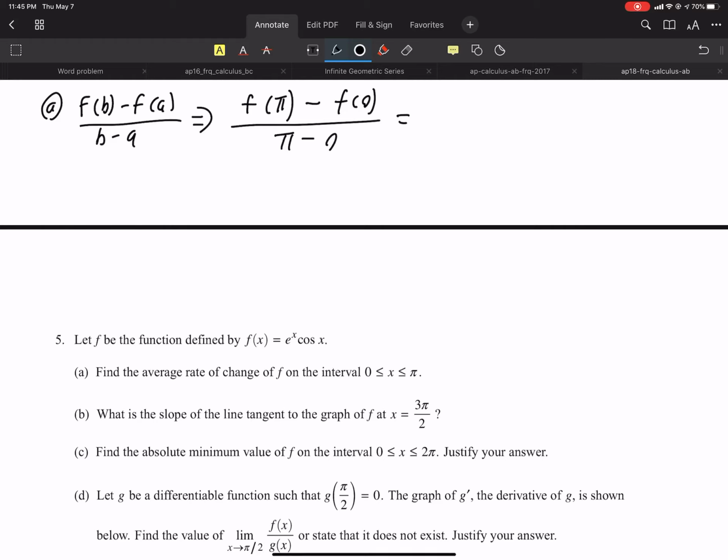So plug in pi for x, e to the pi cos pi over, whoopsie, yeah, we're still good, minus, plug in 0, e to the 0 cos 0. e to the pi is e to the pi, cos pi would be negative 1, e to the 0 is 1, and cos of, well, that's supposed to be a pi.